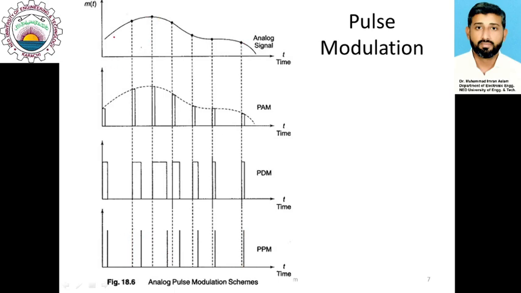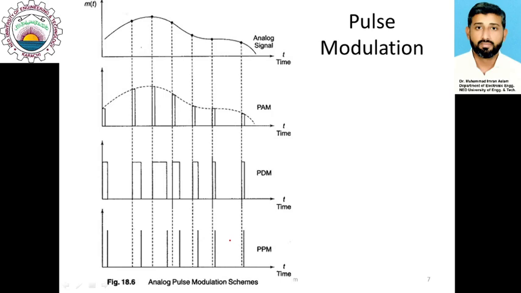As we are increasing the amplitude, the position is shifting towards the end of that symbol duration, and when the amplitude was decreasing, the pulses became closer and closer to the start of this bit duration. So each position is actually indicating the specific amplitude of the message signal.